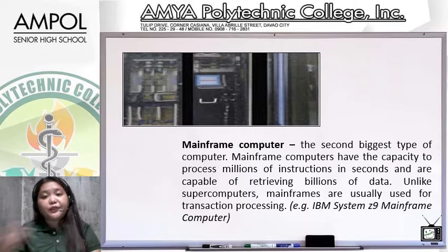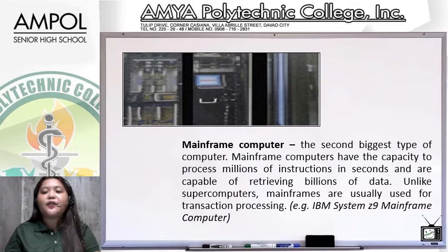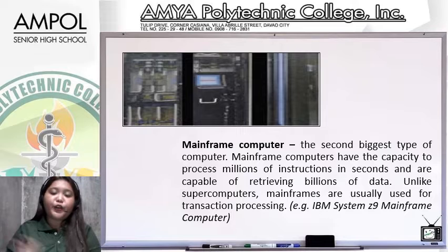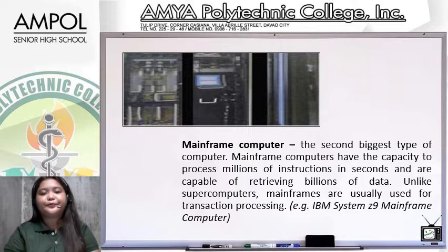Mainframe computers have the capacity to process millions of instructions in seconds and are capable of retrieving billions of data. Unlike supercomputers, mainframes are usually used for transaction processing. So if supercomputers are for scientific engineering computations, mainframe computers are for transaction processing.